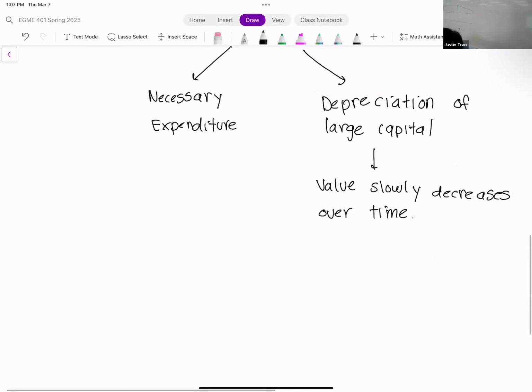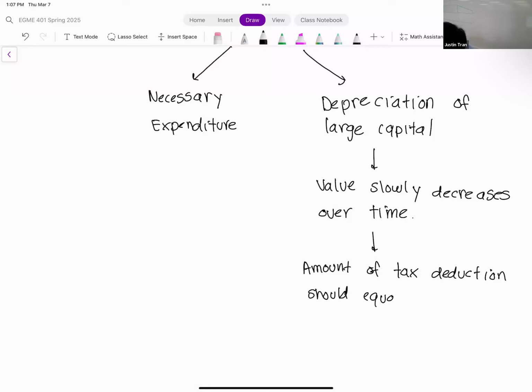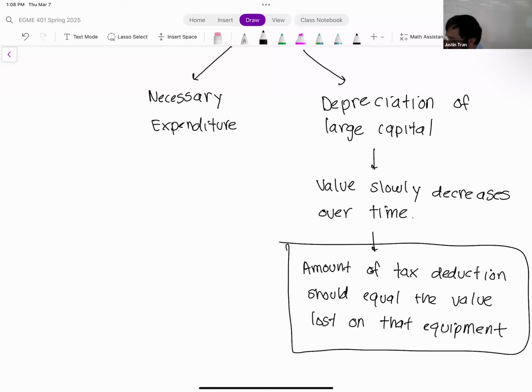That's the central idea behind all the calculations we're doing.